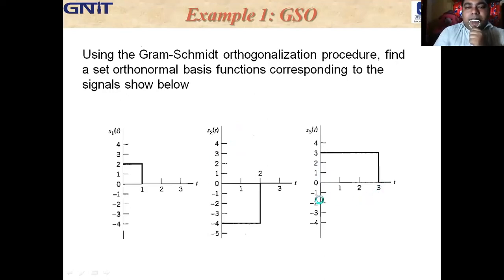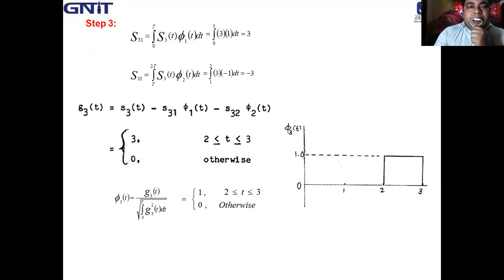Phi 1(t) exists only from 0 to 1. So the integration limit is 0 to 1, and the amplitude of S3(t) is 3 and phi 1(t) is 1.